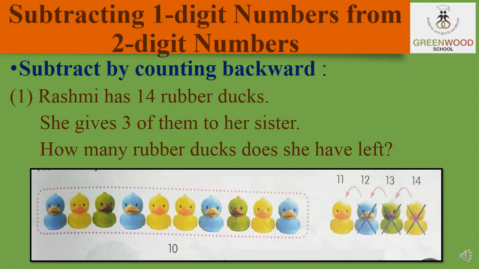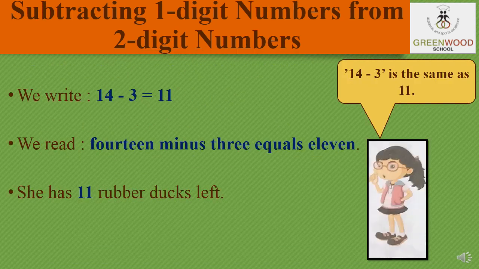So she has now 11 rubber ducks left with her. We write it as 14, then minus symbol, 3, equals to sign, 11. We read it as 14 minus 3 equals 11. So she has 11 rubber ducks left.